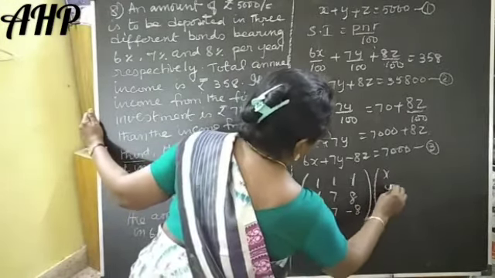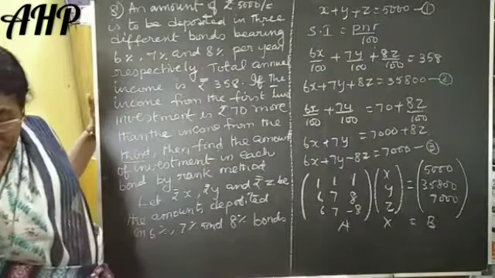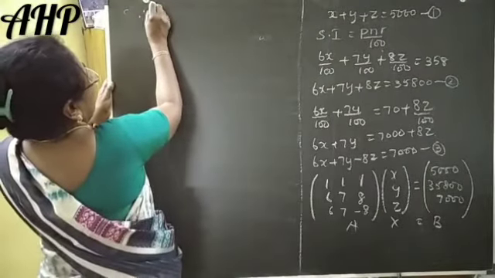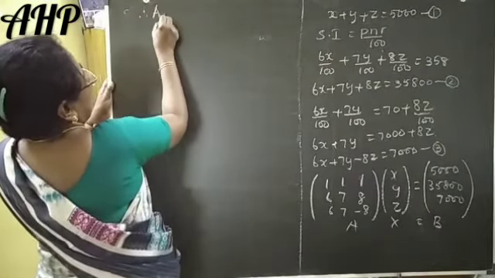So this is of the form Ax is equal to B. Writing in augmented matrix, the augmented matrix AB is equal to 1, 1, 1, 5,000; 6, 7, 8, 35,800; 6, 7, minus 8, 7,000.